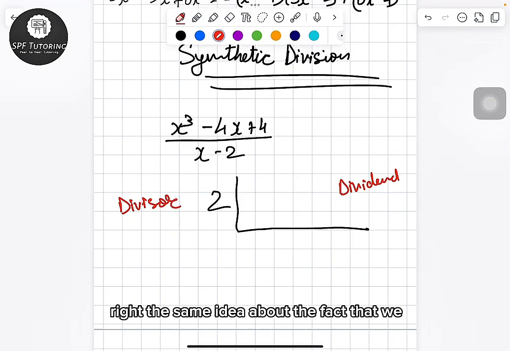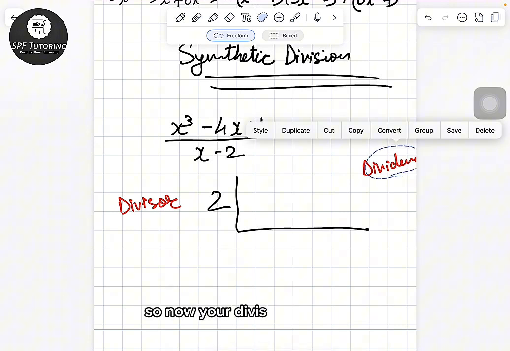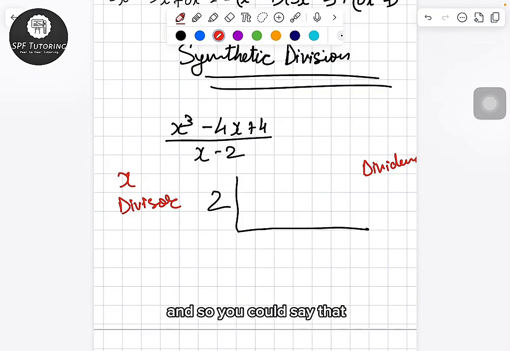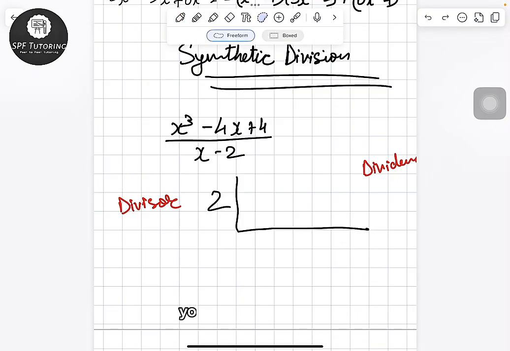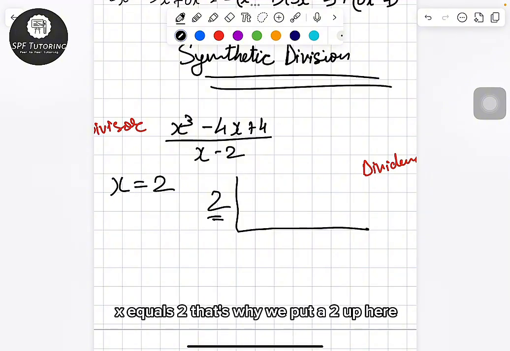The inside will always be the dividend and the outside will always be the divisor. So now your divisor is x minus 2, and so you could say that x equals 2. That's why we put a 2 up here.